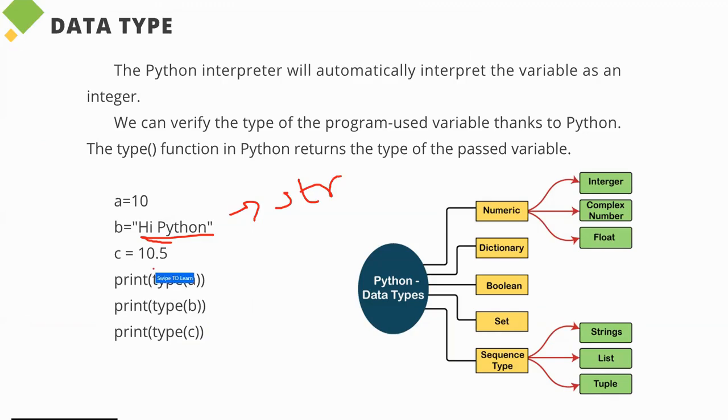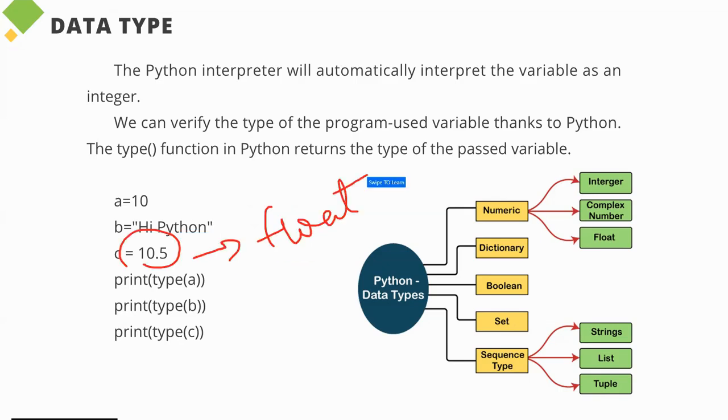If you see c equals 10.5, this is a type of float because it's a decimal point value. So here is the classification of data types. The data types are classified into 5 types: numeric, dictionary, boolean, set, and sequence type. We'll be discussing all of these in our future videos.